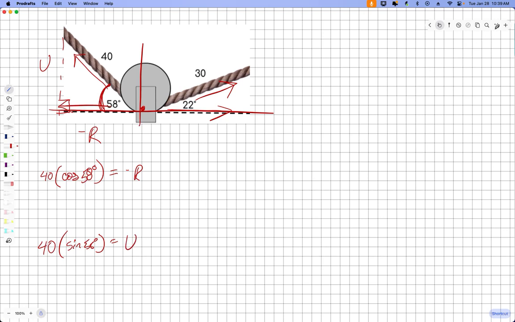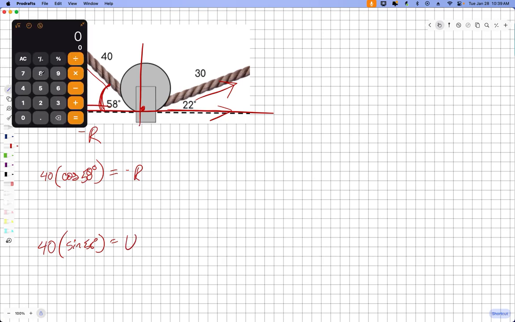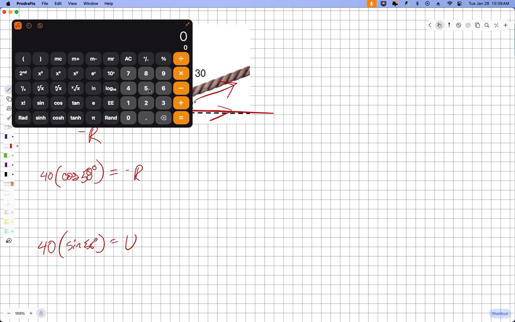All right, so when we do those calculations, we're going to get 58 cosine times 40. Round it to two places, it's going to be 21.20, equal to negative r.